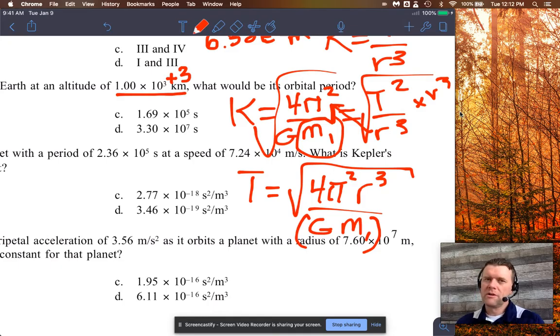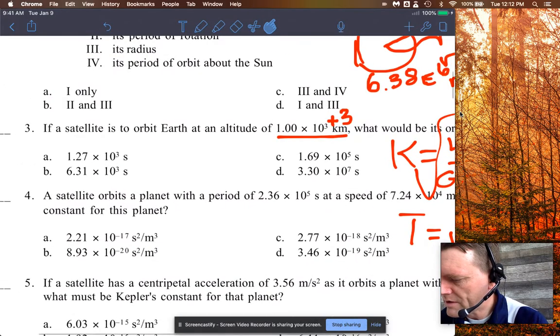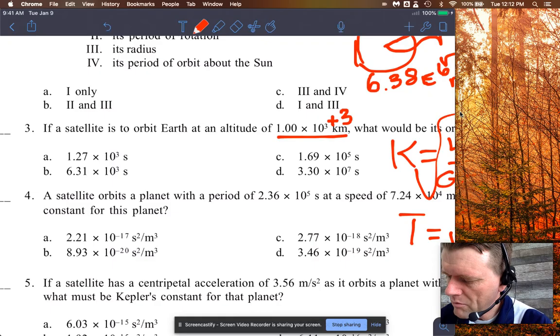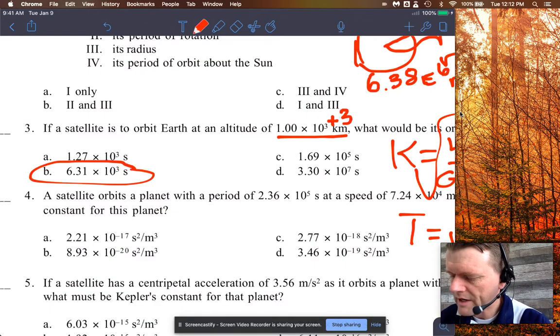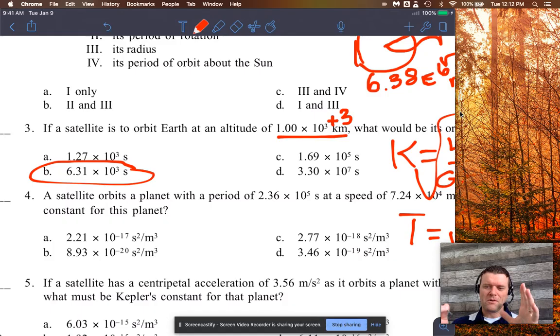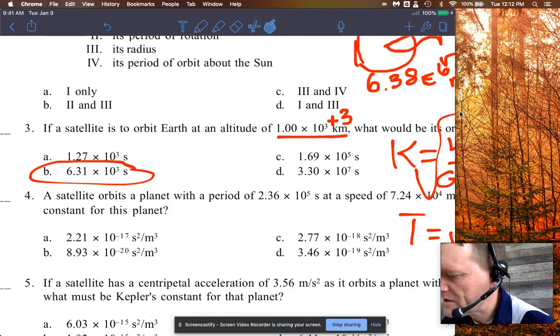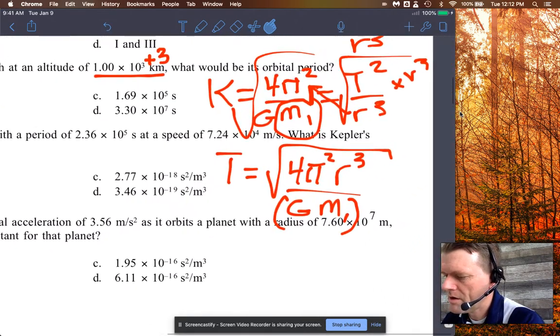I really stress that EE button. Just send me a quick text or email if you're having difficulty with your calculator, because it's going to save your life for all this math. If you do that very carefully, you should get the answer that is posted, 6.31 times 10 to the third seconds. And what's really cool is if you keep track of all your units, you're left with seconds in the end, even though there's a mess of units in there. So that is a tip for number 3.